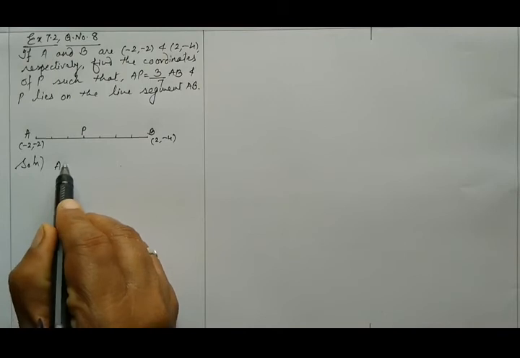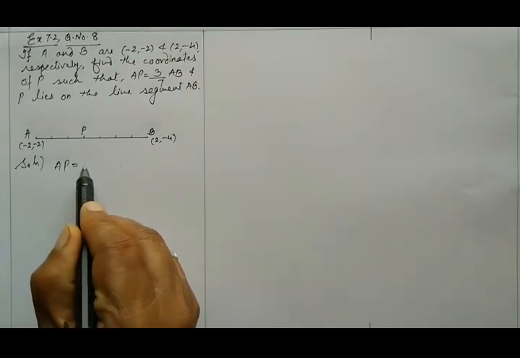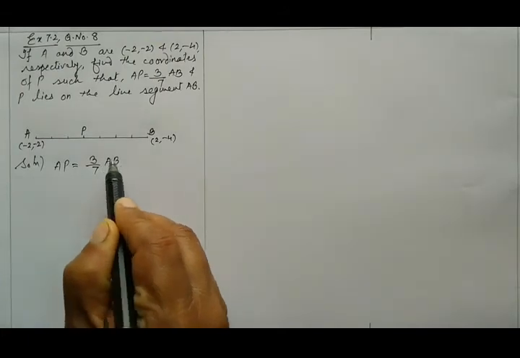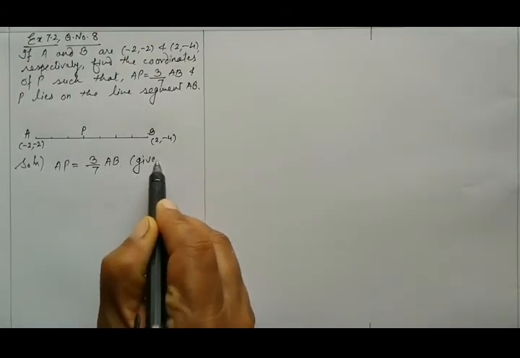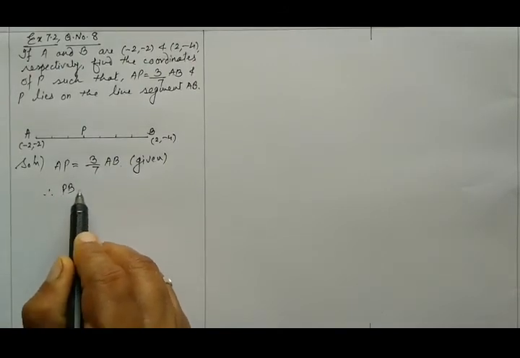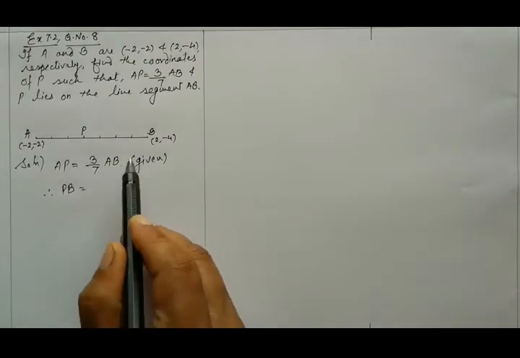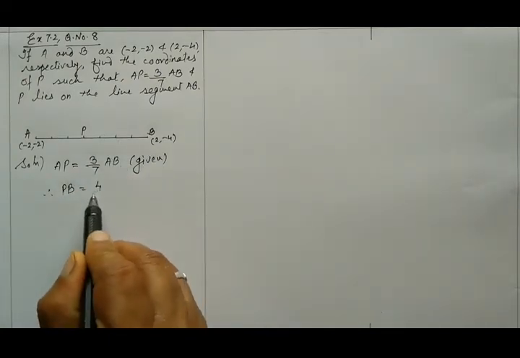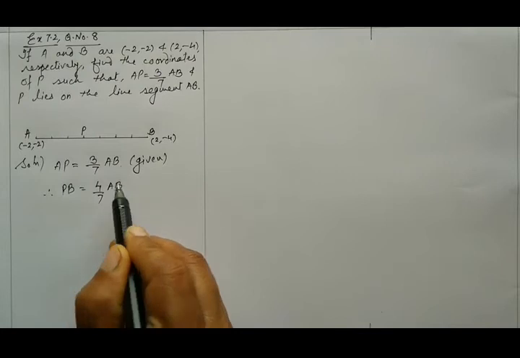See, AP is 3 by 7 of AB, given. Therefore PB is 1 minus this, or you can say 4 by 7 of AB.